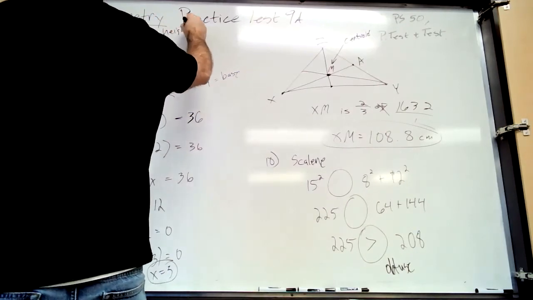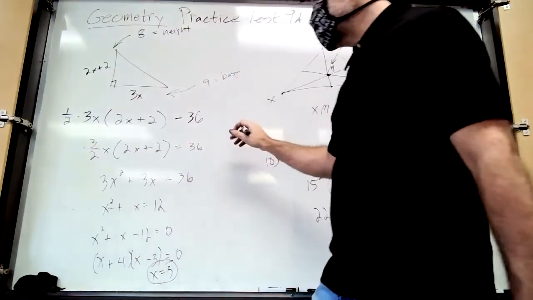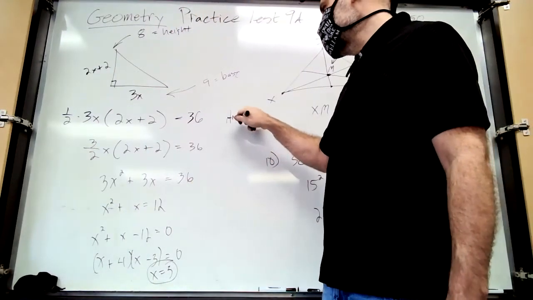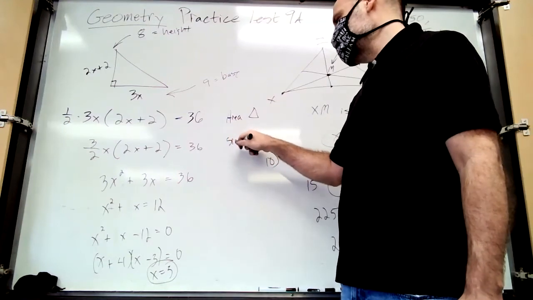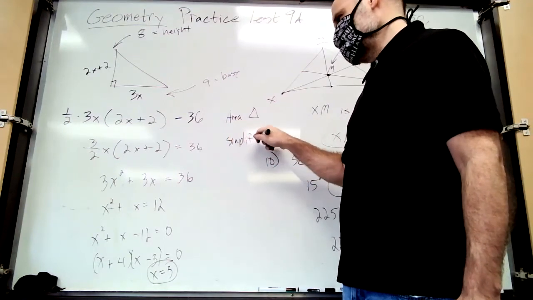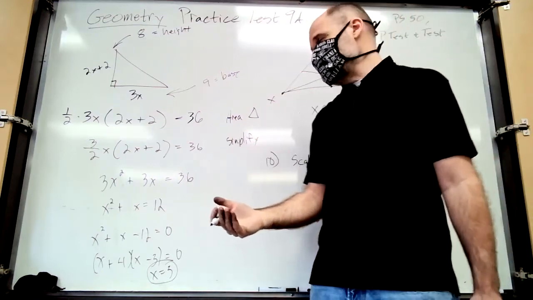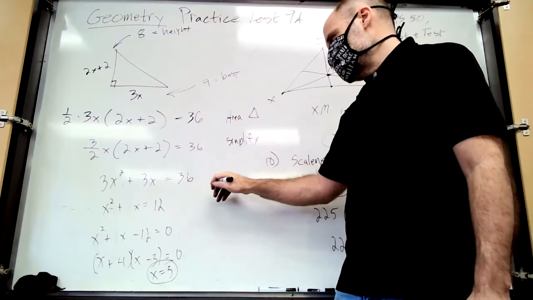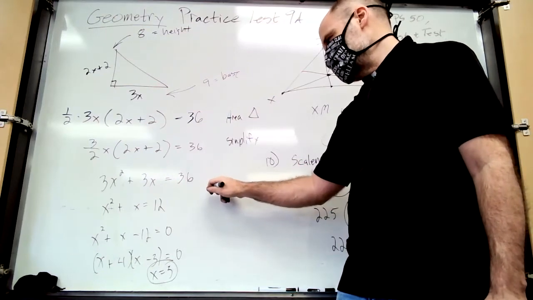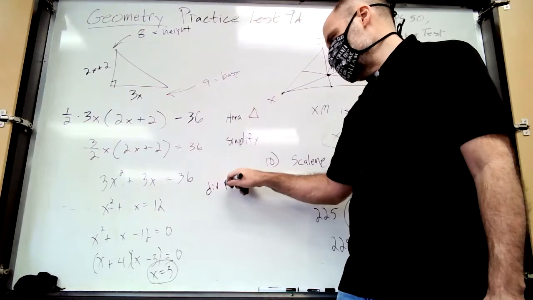Okay, and the justification for each step: this is just the area of a triangle. This is simplify, distributive property if you want, but just simplify works. And then we divided by 3, so division property of equality.